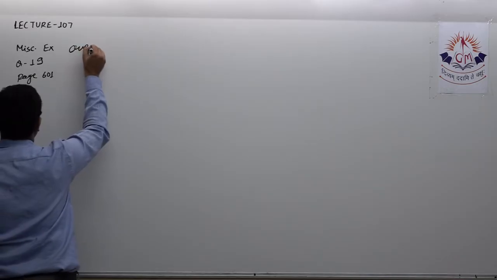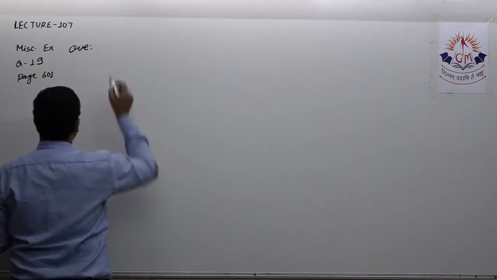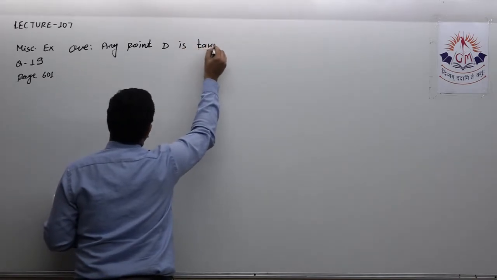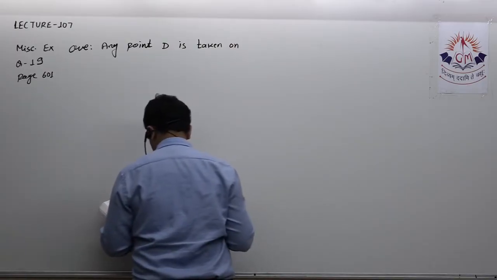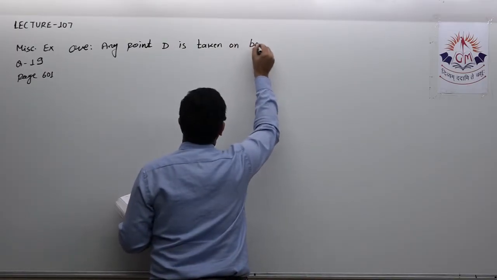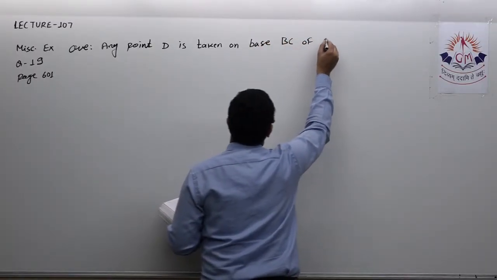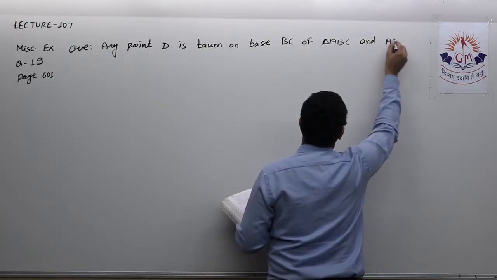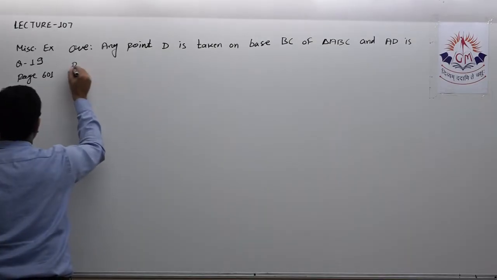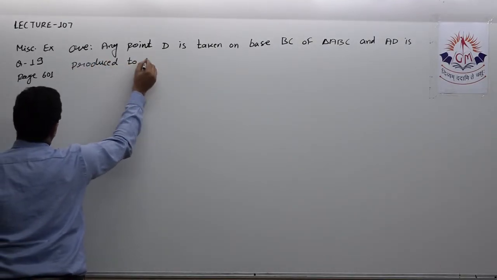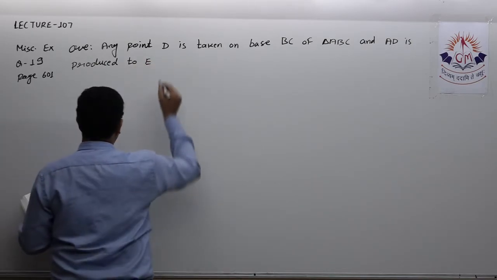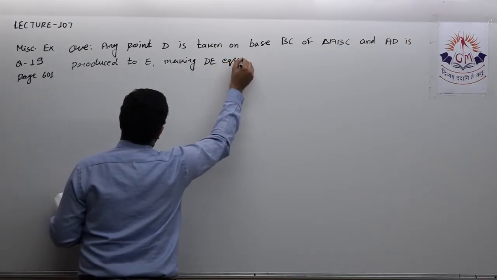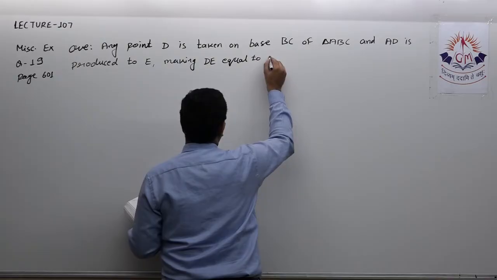The question says that any point D is taken on base BC of triangle ABC, and AD is produced to E, making DE equal to AD.